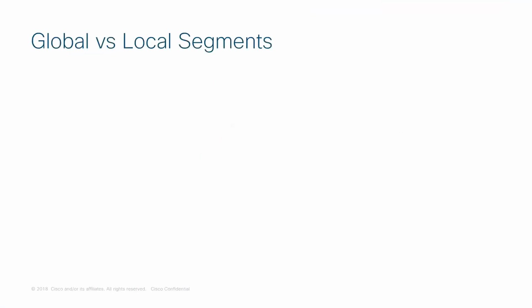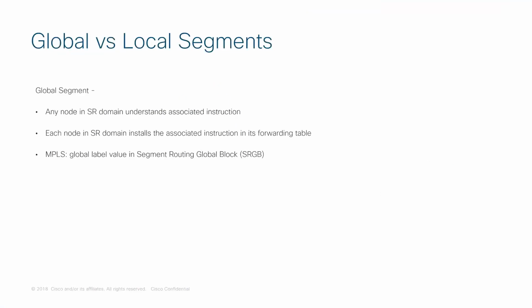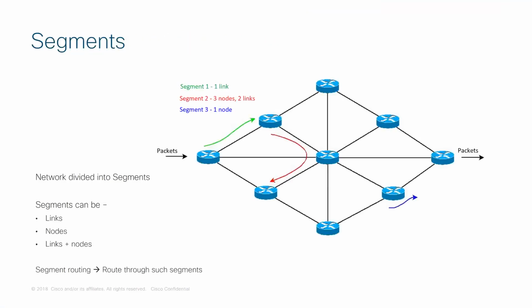Again, we have local and global segments. Going back to this network, a global segment is something which is global in the network, as in it has to be unique. Say you have a router ID. If you're using OSPF or ISIS, you have a router ID. Router ID is global, right? You cannot have the same router ID on 2 nodes.